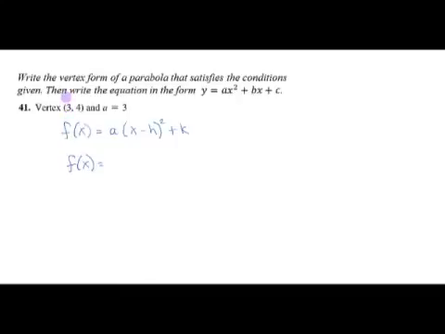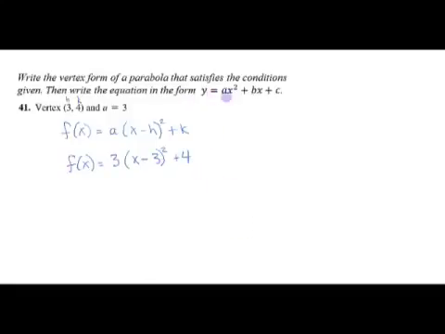I have an h here and a k here, and my a, of course, is 3. So a is 3 times the quantity x minus 3 quantity squared plus k, which is 4. So that's my vertex form.